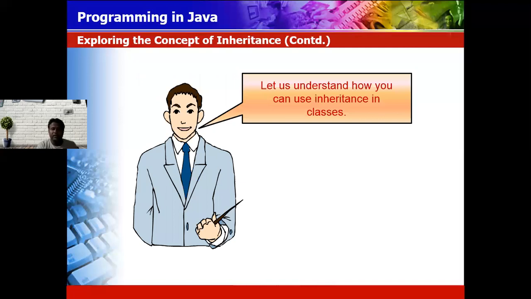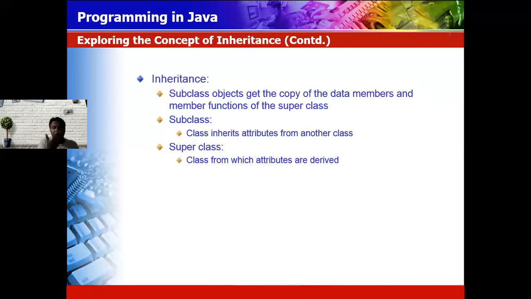Based upon this, our inheritance concept has come. In inheritance, the subclass object gets a copy of the data members and member functions of the superclass. Subclass means child class. The child class gets the functionality of the parent class and adds some new functionality on it, so it is called a specialized class.